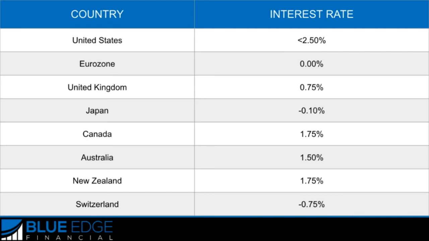But on the other end, if the interest rate differential is negative, then you will have to pay. Many retail brokers adjust their rollover rates based on other factors, so it won't always be a perfect science, but you can check that information with your broker and figure that out yourself. In the meantime, this is a chart that can help you figure out the interest rate differentials of the major currencies. This chart is accurate as of February 2019, so by the time you're watching this, it might have changed.